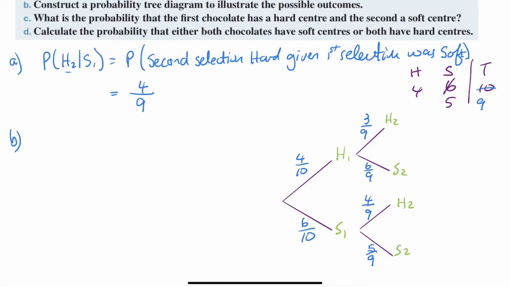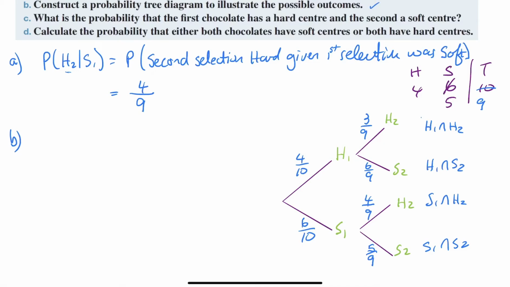Then the outcomes are: hard and hard, hard 1 and soft 2, soft 1 and hard 2, and soft 1 and soft 2. Right, so that's done and I can tick my box.